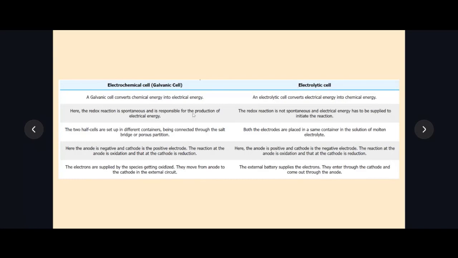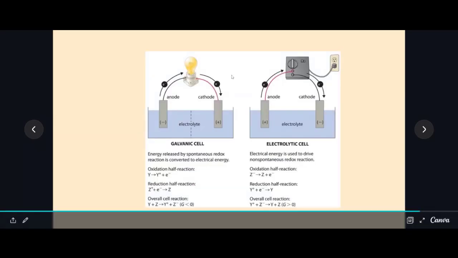This is usually denoted with a positive E cell value. This is going to be usually a negative one. And here's an apparatus for you all to refer to. Notice how G is going to be less than 0, which is spontaneous, and G is going to be greater than 0. Notice how there's a battery here actually supplying this mechanism.